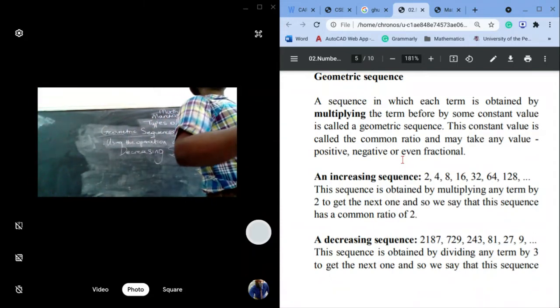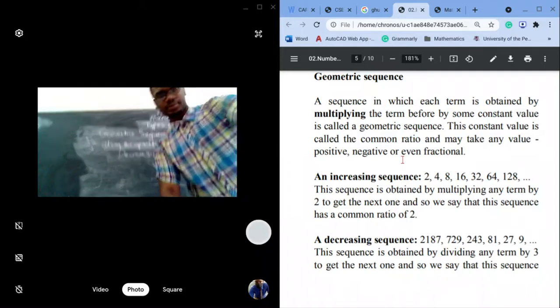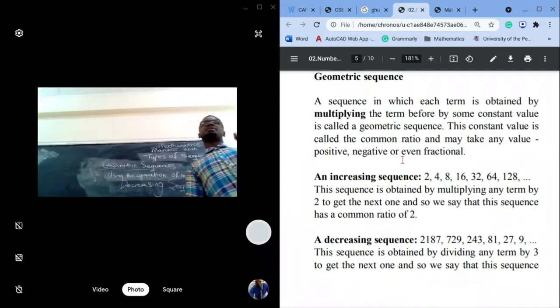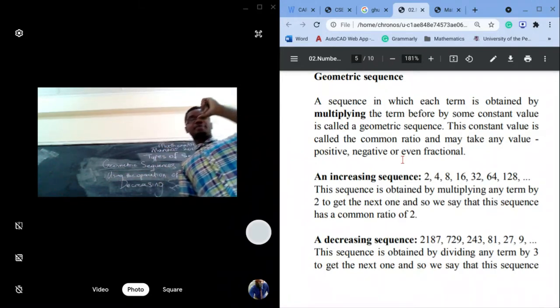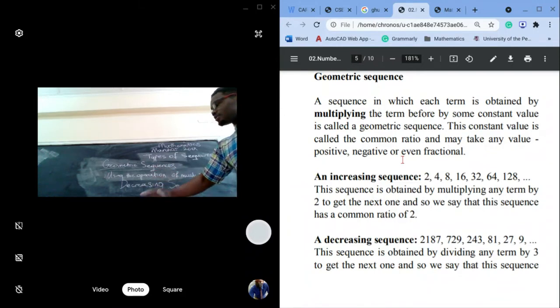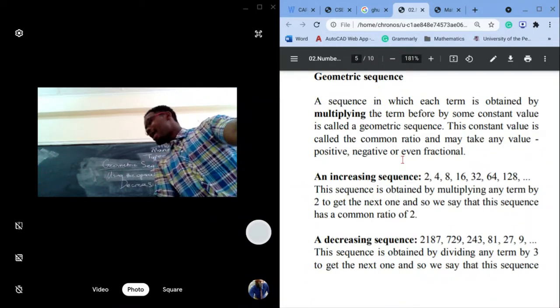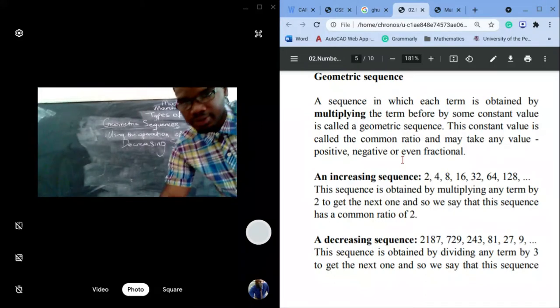When we were doing arithmetic sequences and we decreased, instead of adding, we subtracted by that constant value. What do you think we're going to do for a geometric decreasing sequence?